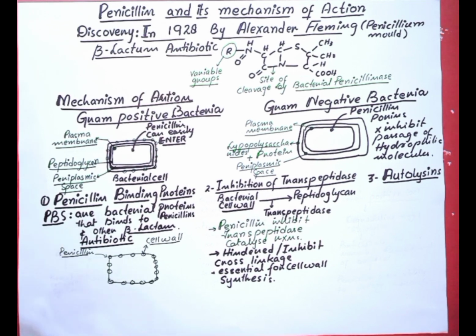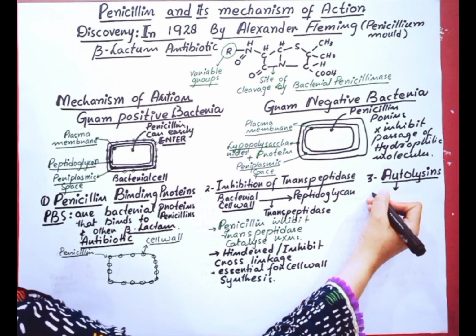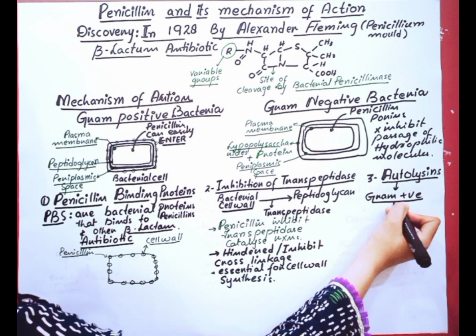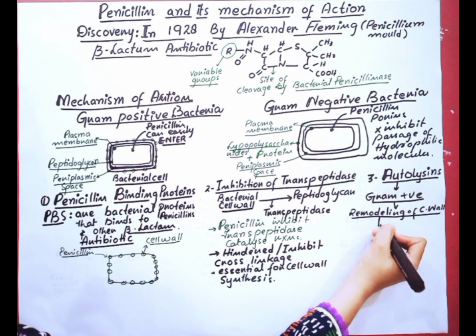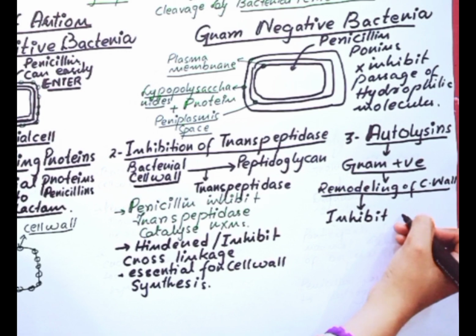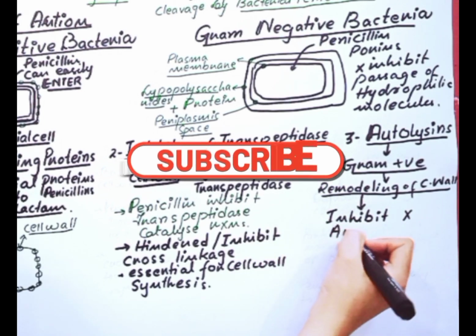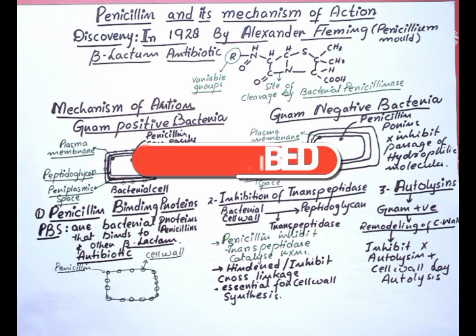Autolysins are enzymes mostly released by gram-positive bacteria, which help the bacteria in their remodeling. So what does penicillin do? Penicillin inhibits the production of these autolysins. So this is all about the mechanism of action of penicillins, antimicrobial agents of the beta-lactam class.